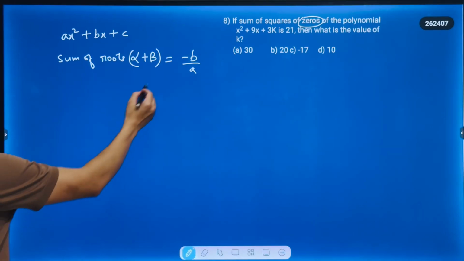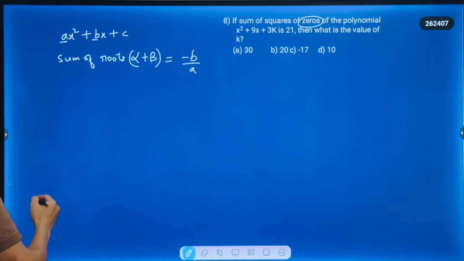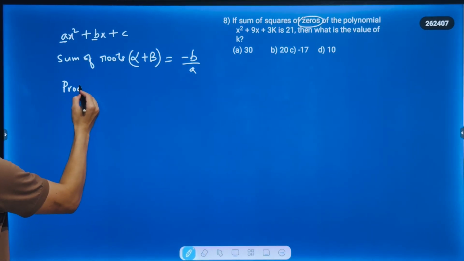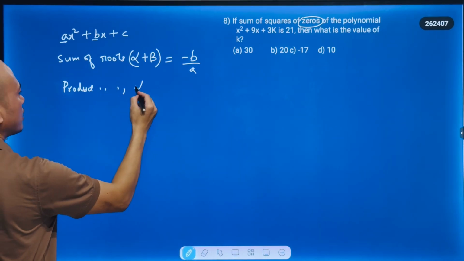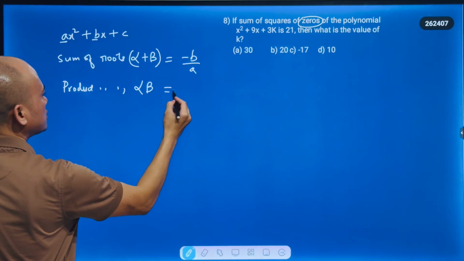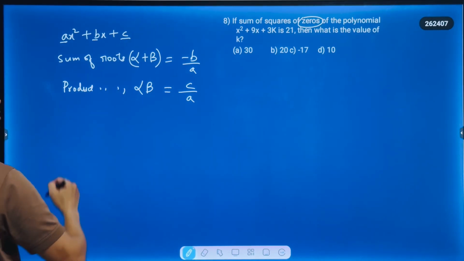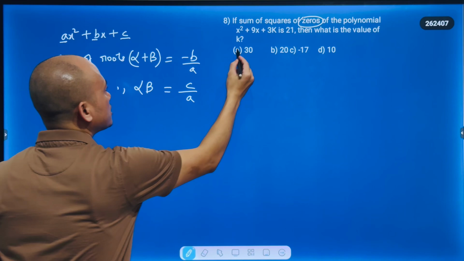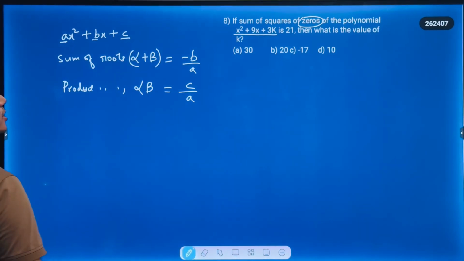And product of roots, that is alpha into beta, is equal to c by a. This equation is in the form of ax square plus bx plus c.